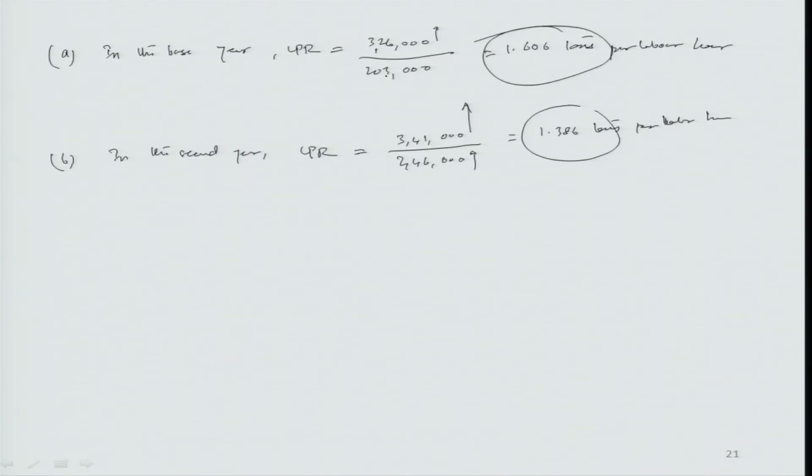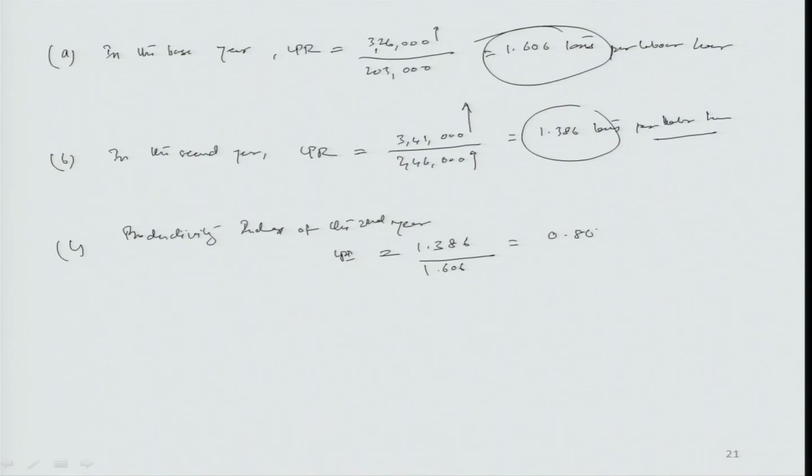The labor productivity ratio is in fact going down. If I calculate the productivity index of the second year, LPI is the LPR for the second year per unit of the LPR for the first year, which is about 0.863.